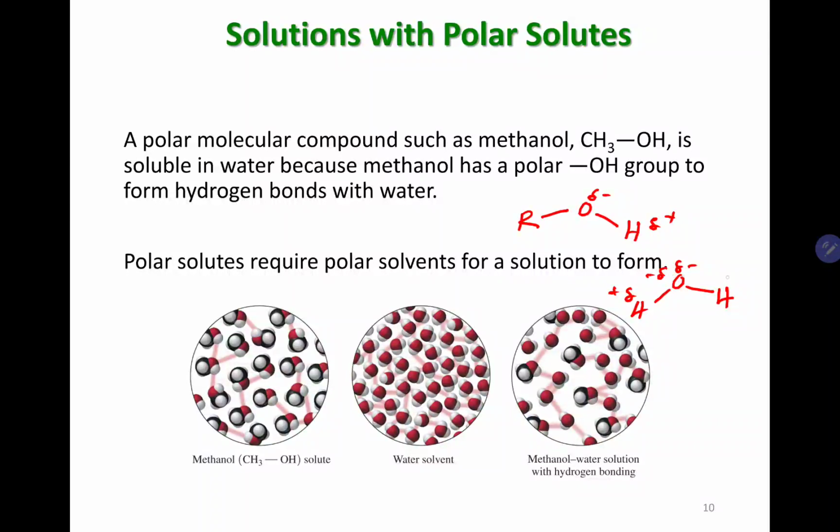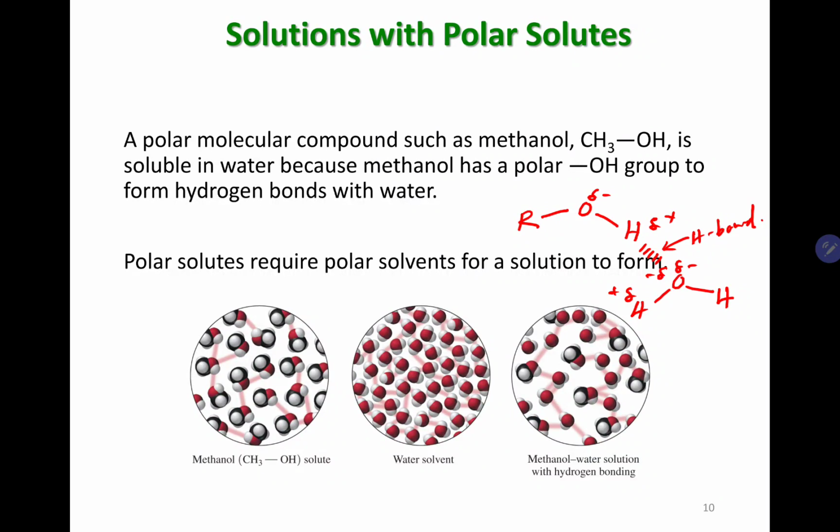So the negative poles and the positive poles on water and OH will easily interact, and those interactions are not only regular interactions, they are hydrogen bonds, so they will easily form very stable interactions between each other, and therefore they will make a nice solution.